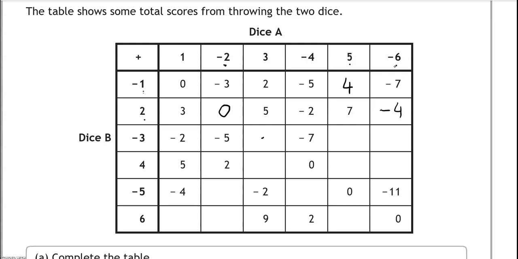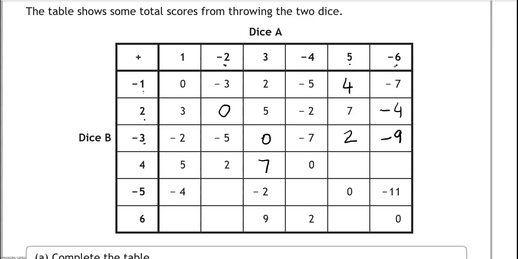We've got 3, take away 3, or -3 add 3 gives us 0. And we've got -3 add 5, so that gives us 2. -6, -3, that's going to be -9. So adding 2 lots of negatives.